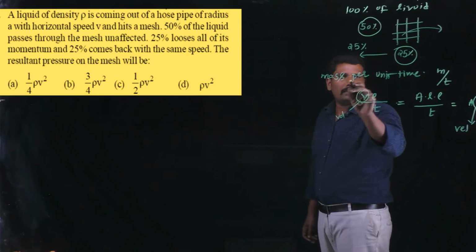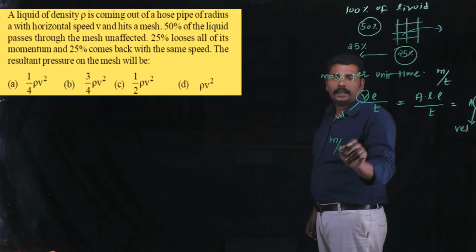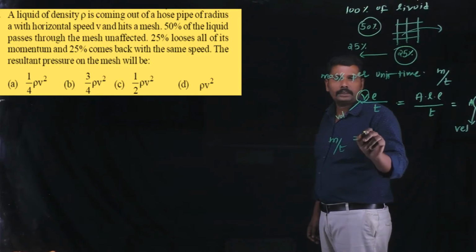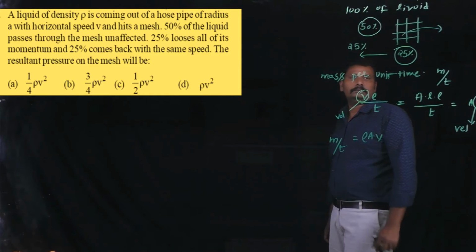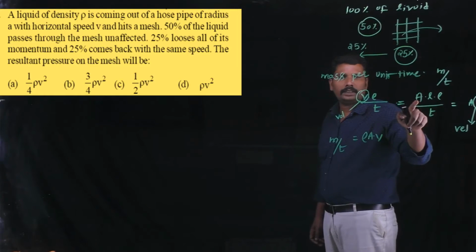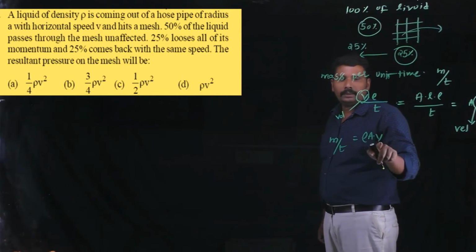Overall, the mass per unit time is simply rho a v. This is rho, the density of the liquid. This is the area of cross section of the pipe. This is the displacement by time, it is nothing but velocity.